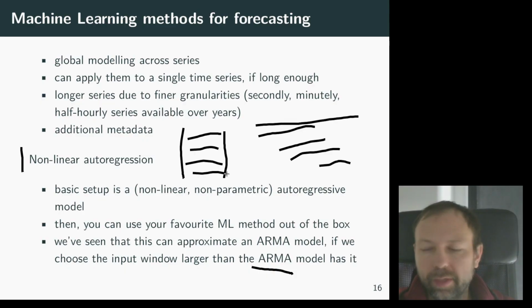So you need to use long windows to get some complexity into your model, to not have to do a moving average part, and then you just do high order, nonlinear, non-parametric autoregression, and with that you get quite decent machine learning models. And the other thing is that fitting MA parts is really slow, because you have to step through the whole series and you cannot just reprocess the matrix in this sense.